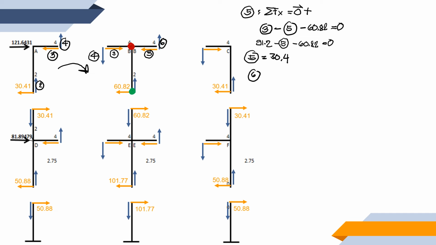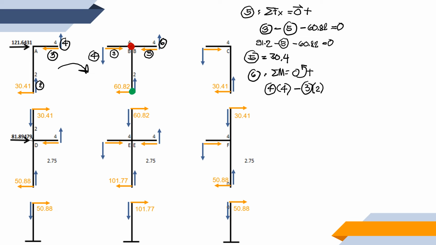So for force number 6, we are going to sum up moments equal to 0. Counterclockwise is positive. So what are the forces that will create moment at our point colored green? We have force 4 with moment arm 4 meters. That is positive because it is counterclockwise. And our force number 3 is negative, and the moment arm is 2 meters.